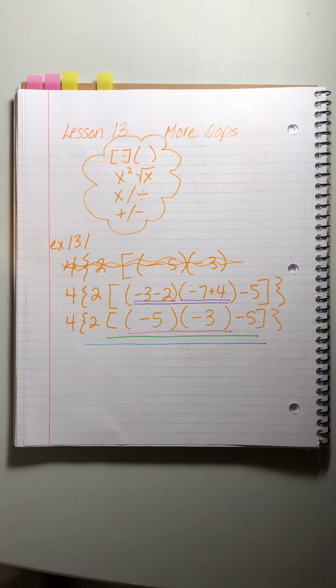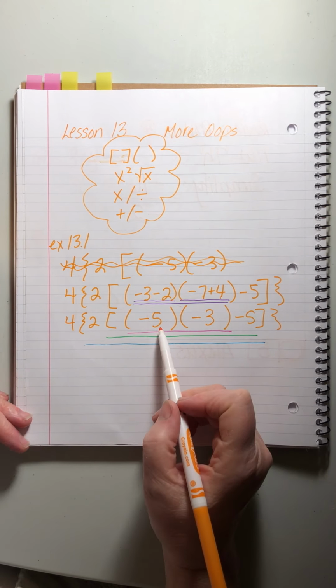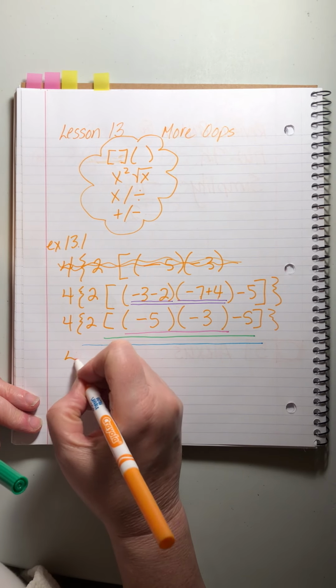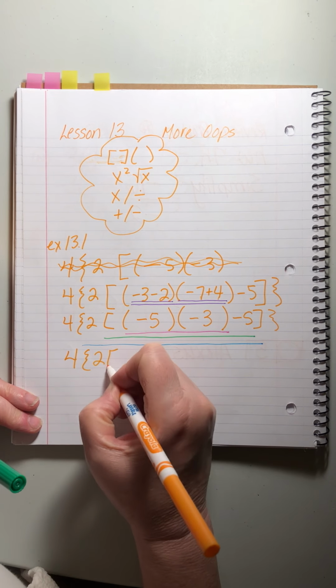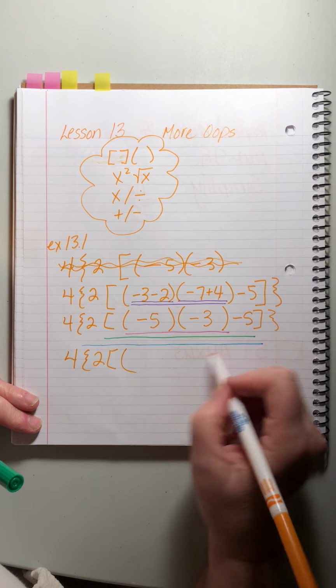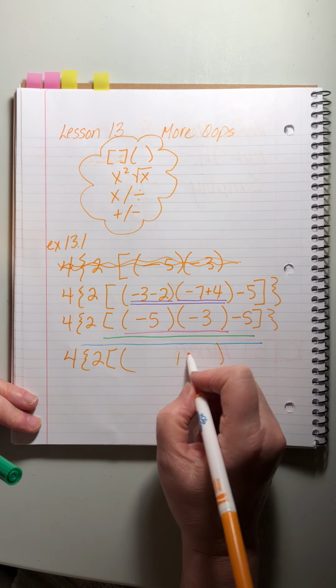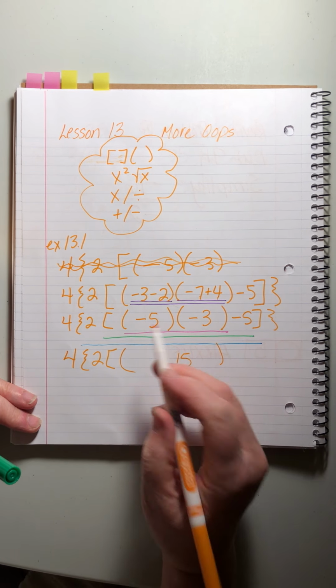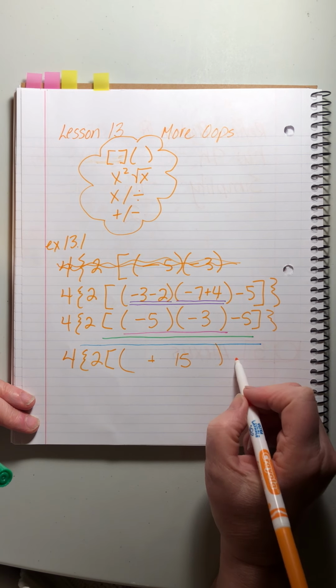So we're going step by step from the middle of the problem out. Okay, so the next step is what we'll do in pink. 4 times 2. This becomes 5 times 3 is 15. Minus and a minus go together to make a plus.